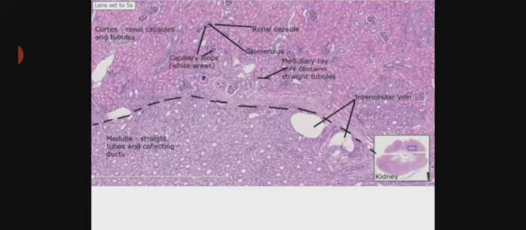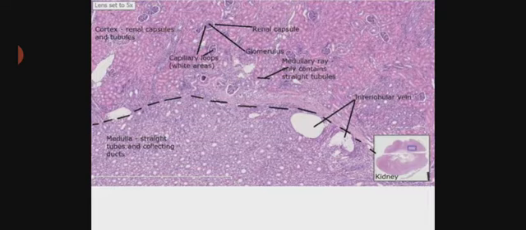In the cortex region, as you observe here, there are a number of renal corpuscles, which are also called Malpighian corpuscles, wherein you can see all the divisions I mentioned in the previous slide, like the afferent arteriole, efferent arteriole, Bowman's capsule, and glomerulus. So all these can be visualized in a renal corpuscle.